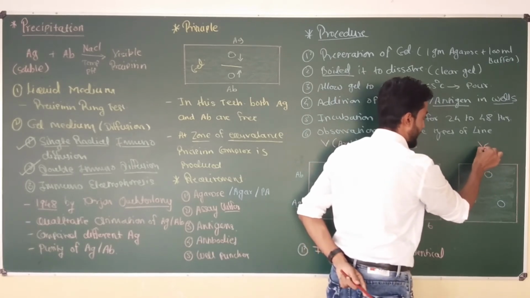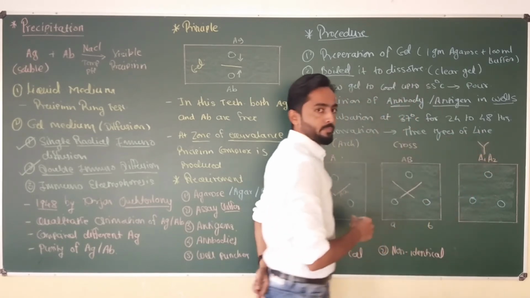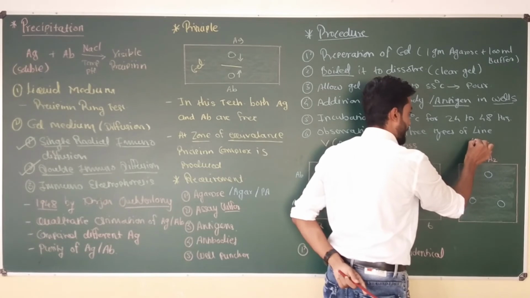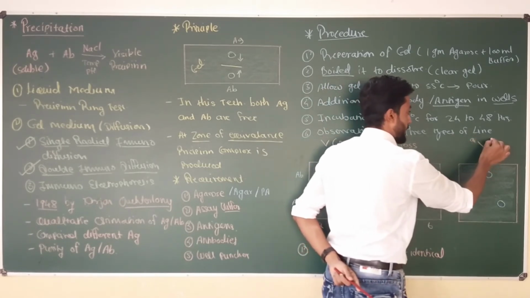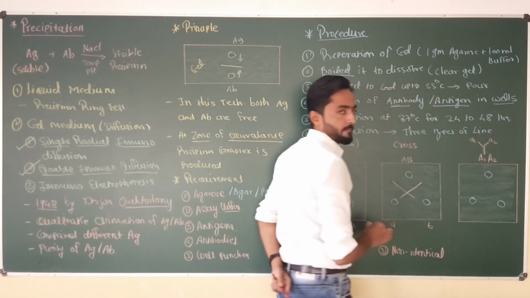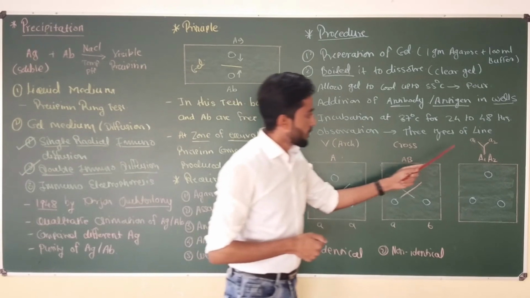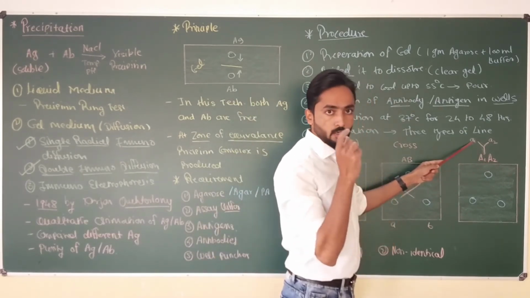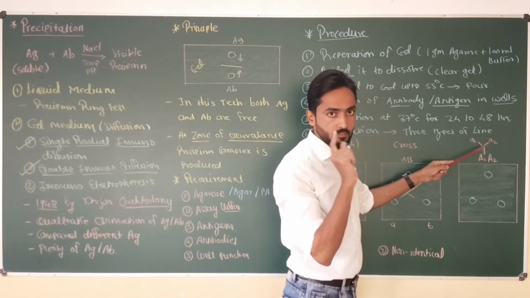For example, this is the Y-shaped antibody, and the first antigen binding site of this antibody is specific for A1 antigen, and the second antigen binding site is specific for A2 antigen, because an antibody is bivalent, it can bind to two antigens. So this antibody is called A1 A2 because it has two binding sites, the A1 epitope and A2 epitope binding site on the same antibody.